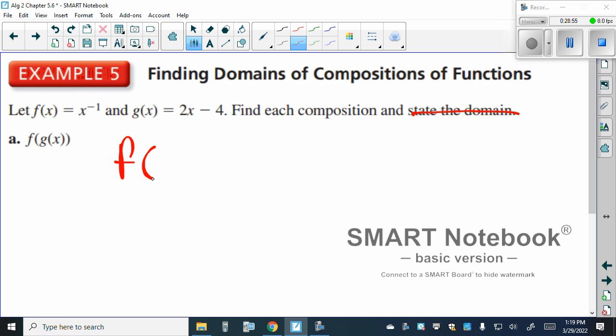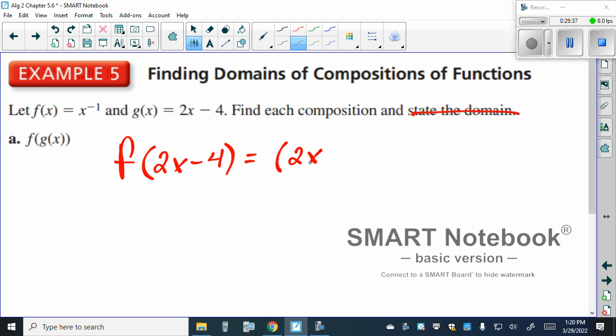So example 5, let f of x equal x to the -1 and g of x equal 2x minus 4. One's f of g of x, the other's g of f of x. Now, for f of g of x, we can replace g of x with its function, 2x minus 4. Now we're taking 2x minus 4 and plugging it into our f of x, replacing every x with our 2x minus 4.